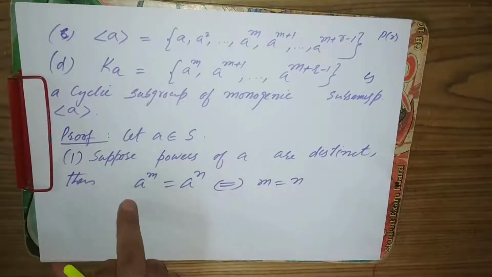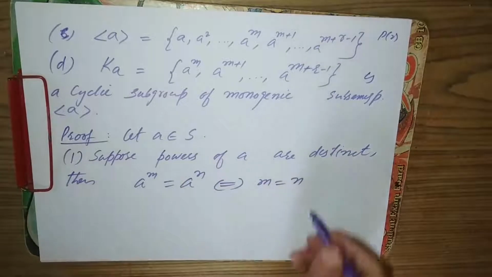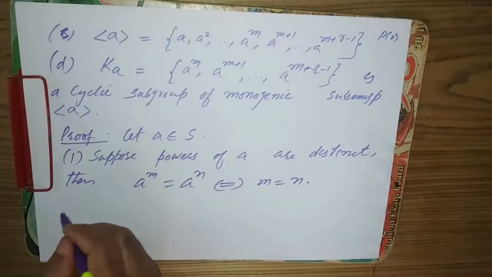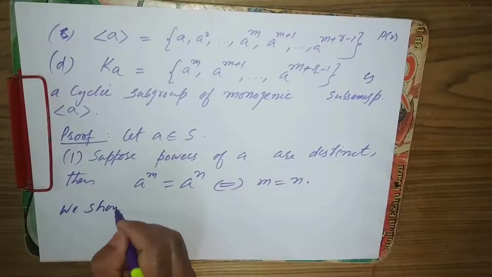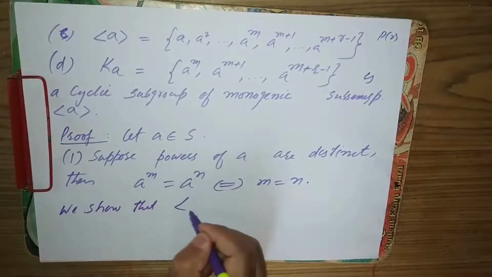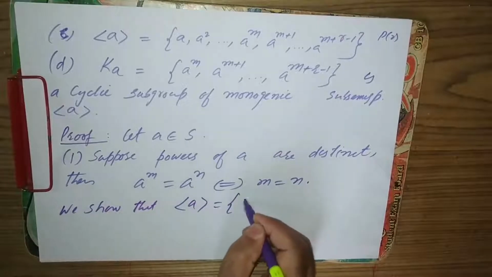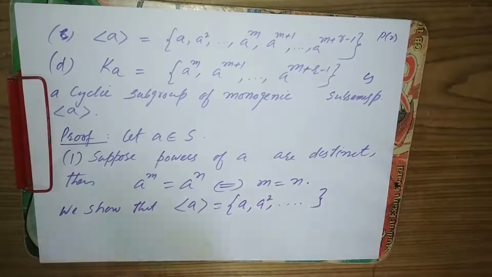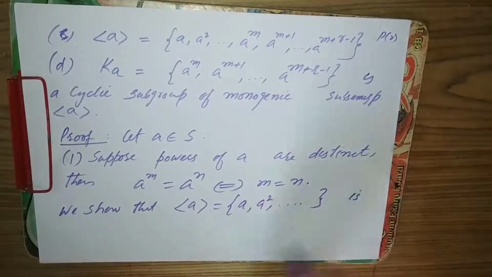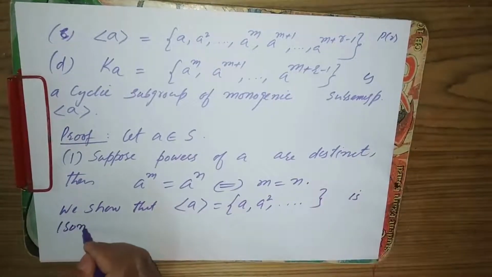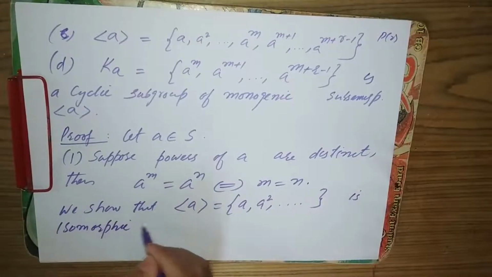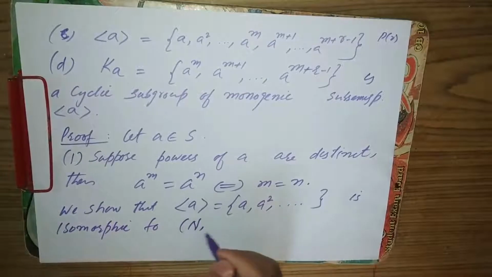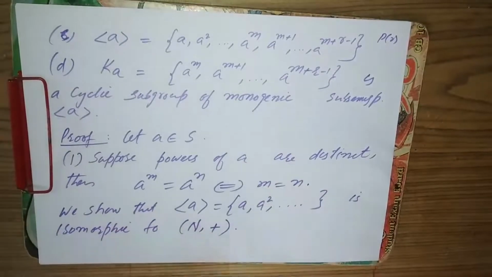So this is the case if the powers of a are distinct. This can be written as a power m is equal to a power n if and only if m is equal to n. Now we show that the monogenic subsemigroup, which in this case is an infinite set because all the powers are distinct, is isomorphic to the semigroup of natural numbers under addition.